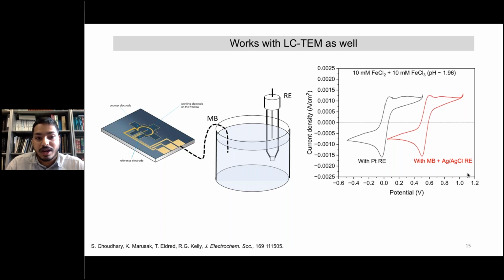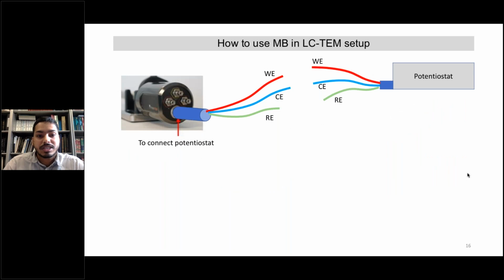So now, just to clarify how to use this setup. So this is what you have with the liquid cell setup. The cables are coming out of the TEM holder. You connect it to the cables of potentiostat.